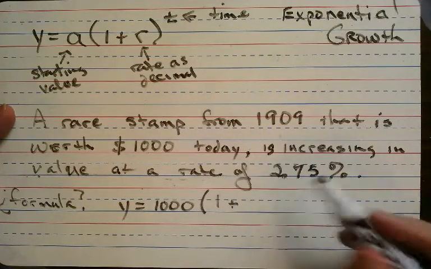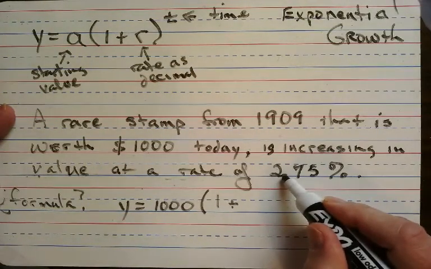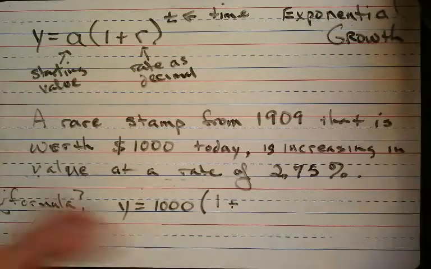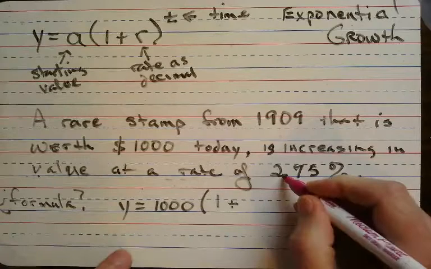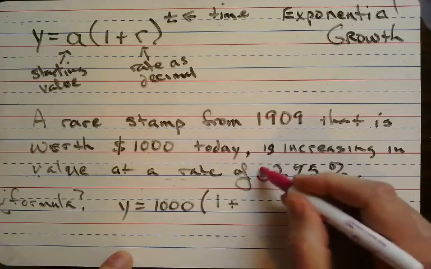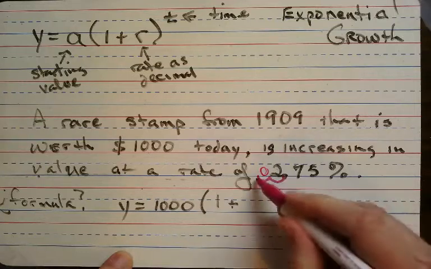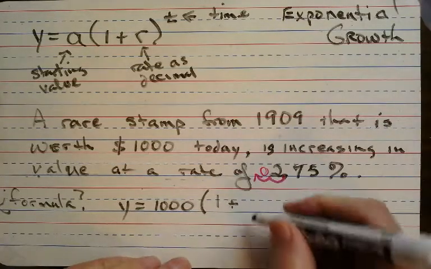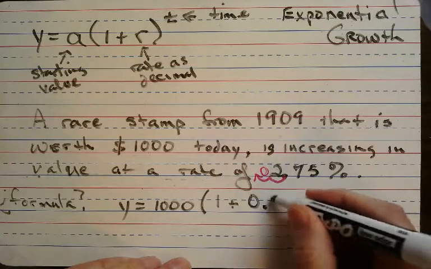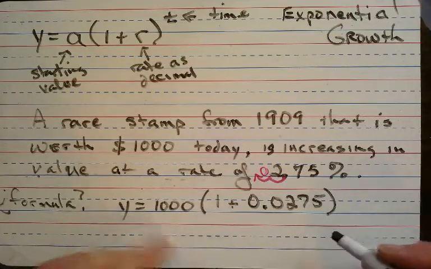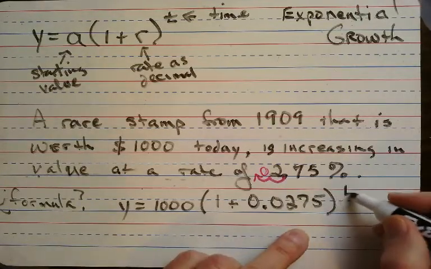So if you remember, if this is 2%, you have to move the decimal point 2 times to the left to make a percent into a decimal. That means this is 0.0275. Right? And then T stands for time.